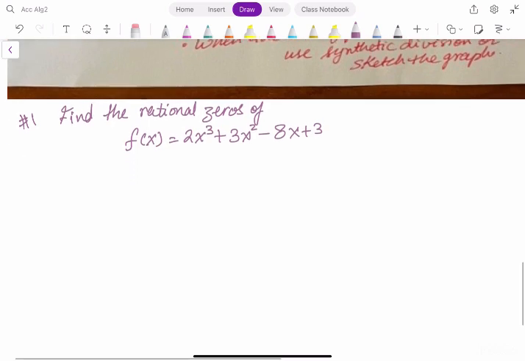Now, identify what is the constant and what is the leading coefficient. So a0 is 3 and an is 2. So we can find the factors of 2 and factors of 3.